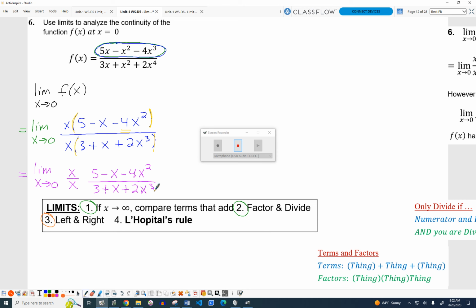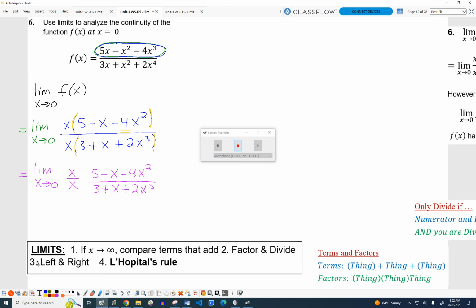Questions from anyone? Solid. Go ahead, Caleb. Approaching 0. Are we doing it from the right, from the left, or something completely different? 3 points, good question. Whenever you see this written, your brain has to say, this is talking about left and right.